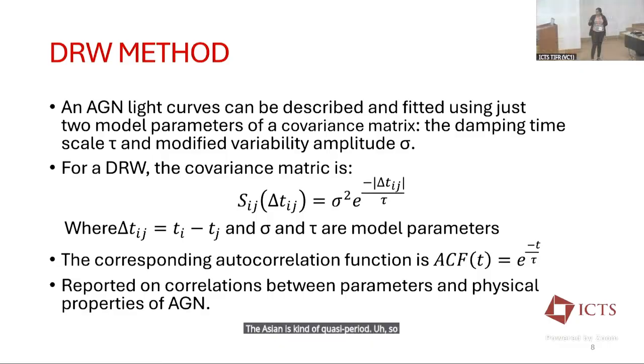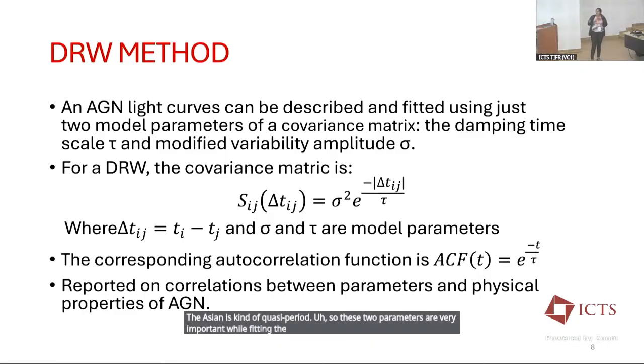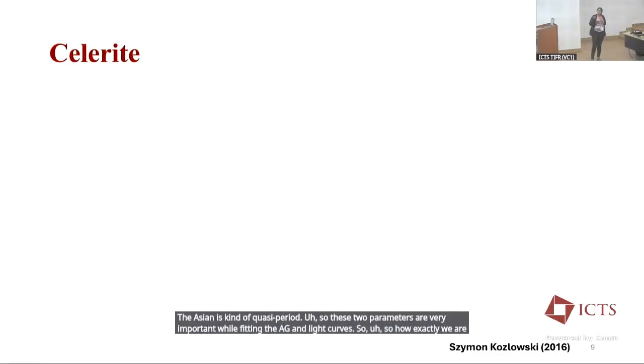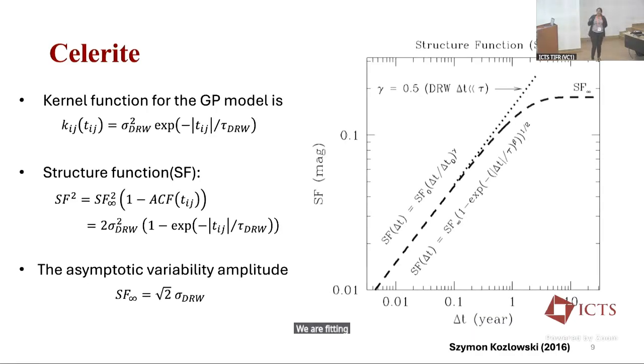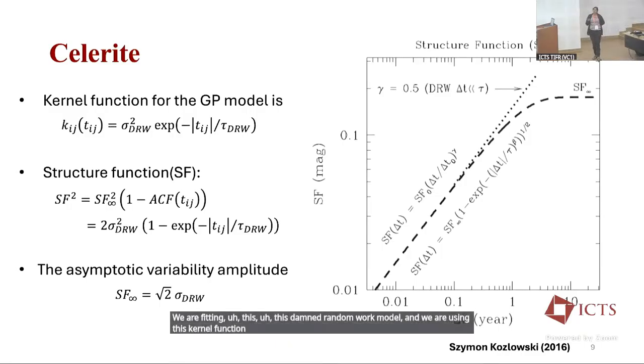So these two parameters are very important while fitting the AGN light curves. How exactly are we doing this? We are using the Celerite model, where we fit this damped random walk model, and we use this kernel function which corresponds to the structure function.